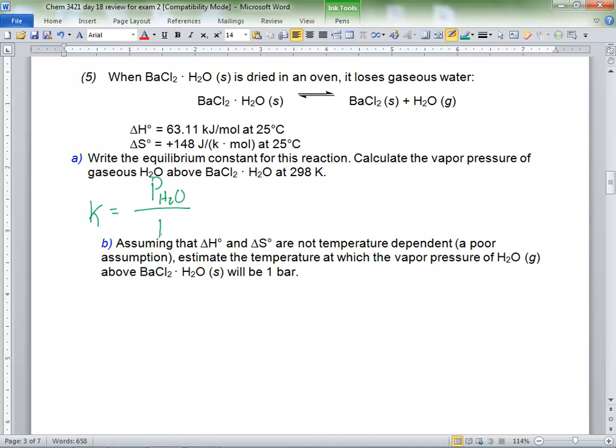So that really is the trick to this question. K is the vapor pressure. The question could have said, instead of calculating the vapor pressure, calculate K, because they're the same thing. We know how to calculate K, yes?